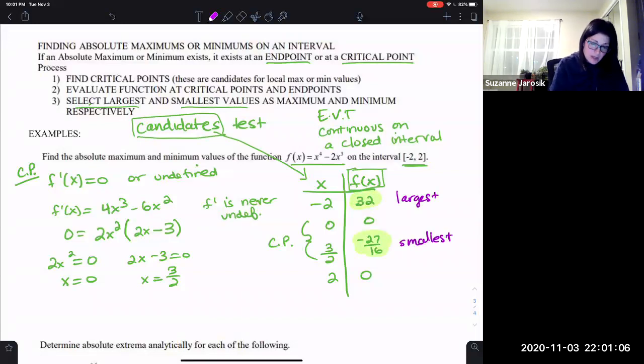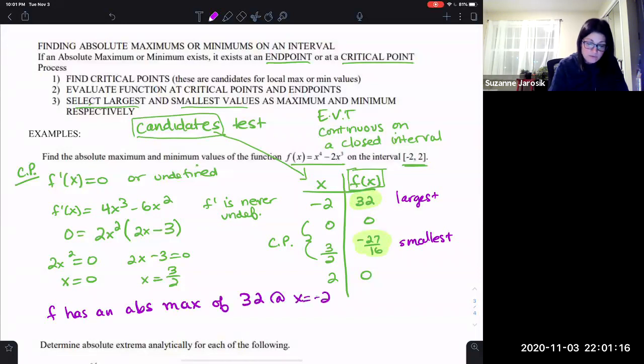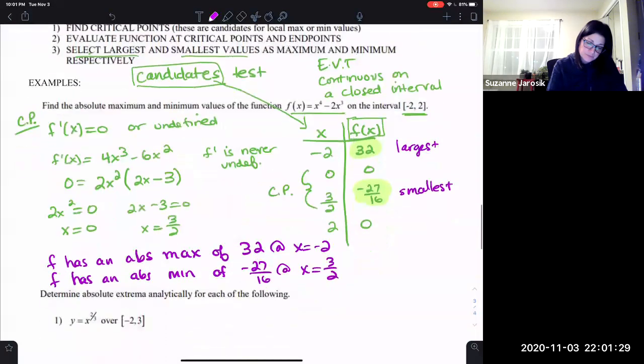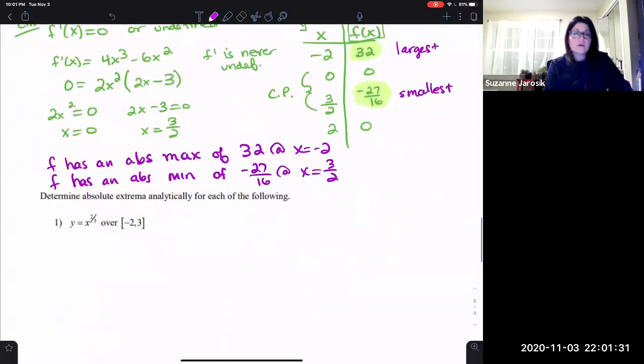F has an absolute max of 32 at x equals negative 2, and f has an absolute min of negative 27 over 16 at x equals 3 halves.